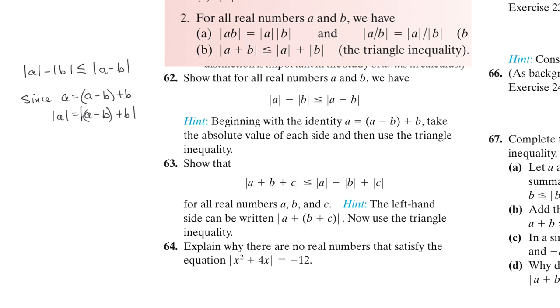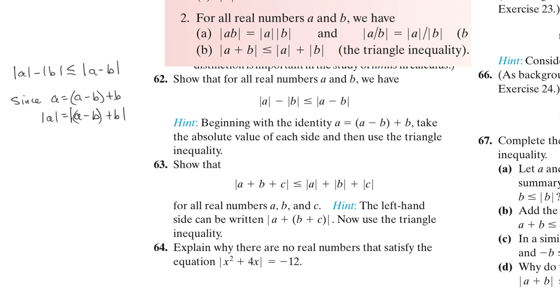So this is then, you know what, I better kind of move. I can't move it, but I'll just squeeze that in there. So that means this has to be less than or equal to the absolute value of a minus b plus the absolute value of b.